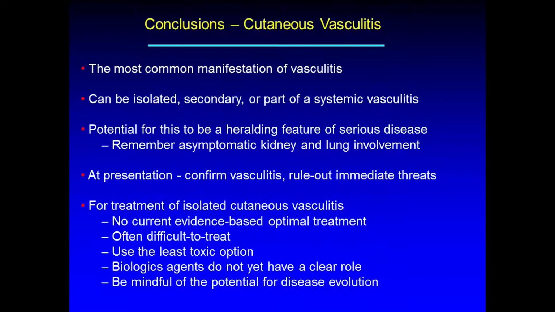And although it is uncommon for isolated cutaneous vasculitis to evolve to a systemic disease, this can still occur, making our vigilance in listening for new symptoms or signs and weighing whether the picture is changing particularly important in following these patients over the course of time.